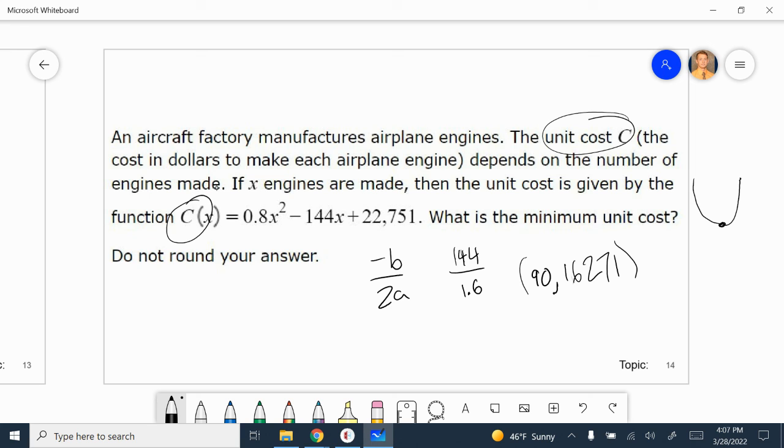So the minimum cost would be the Y value as well. X was the number of engines that were made, so that's going to be my X value. So at 90 engines, the minimum cost was 16,271. That's the way I would go about that problem, I guess. It might be even a little bit easier than using a graphing calculator.